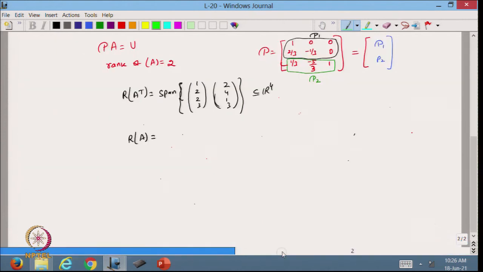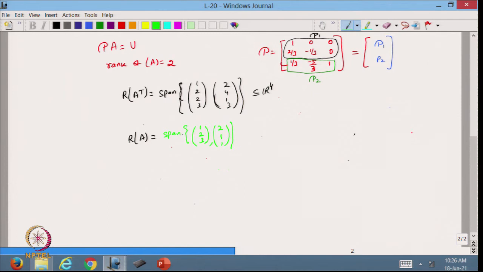So from here I can say that the range space of A is the span corresponding to the basic columns, and that will be 1, 2, 3 and another one will be 2, 1, 1, and these are linearly independent.